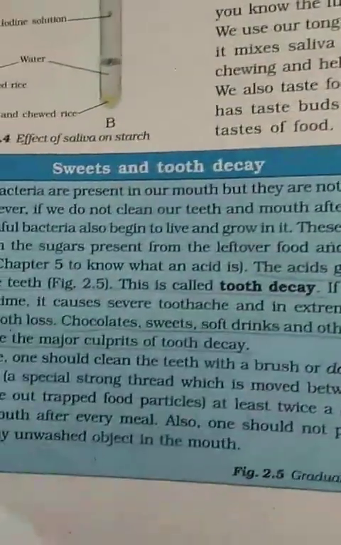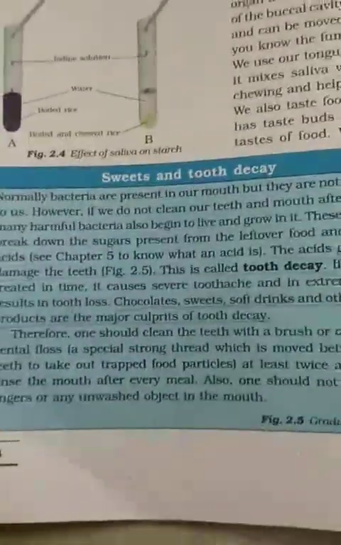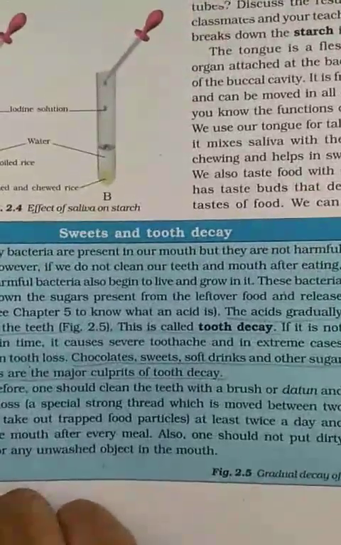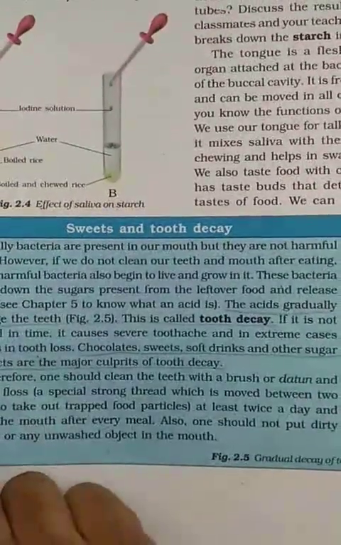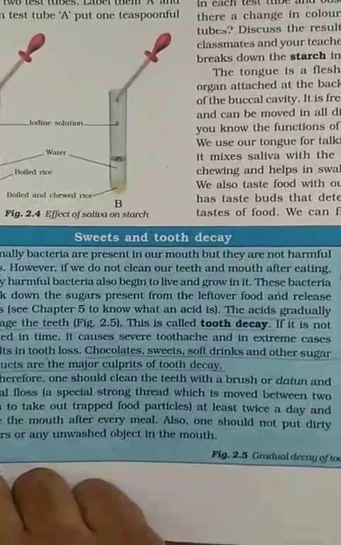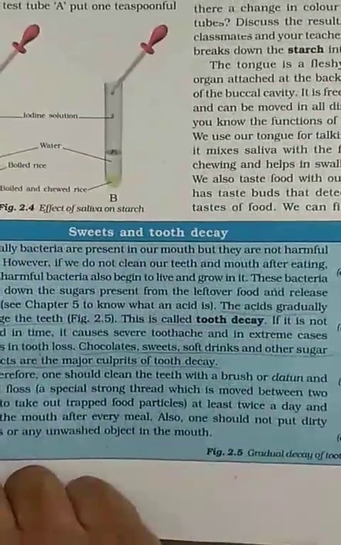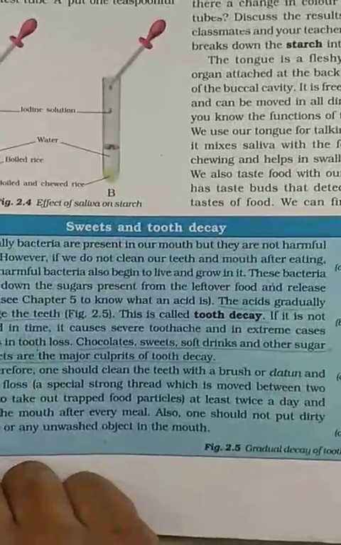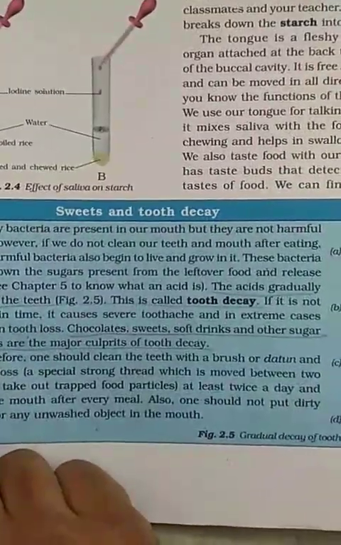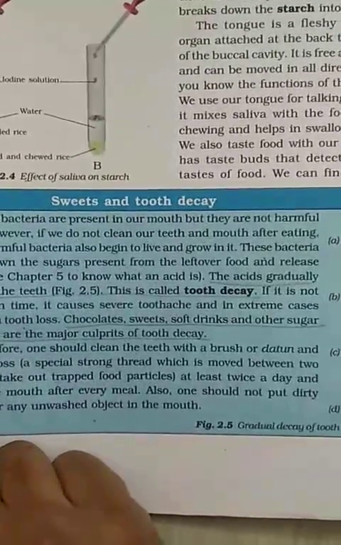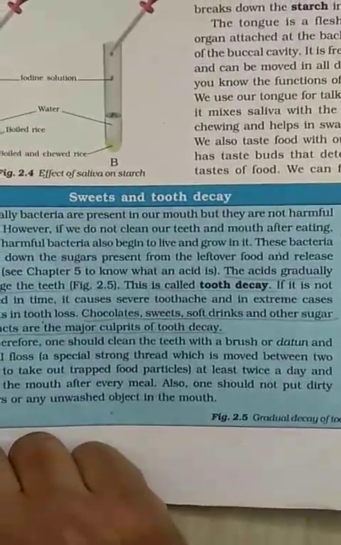Here another topic is given, that is sweets and tooth decay. What is tooth decay? The acid present in our mouth damages the teeth, and that is known as tooth decay. Chocolates, sweets, soft drinks and other sugar products are the major culprits of tooth decay.